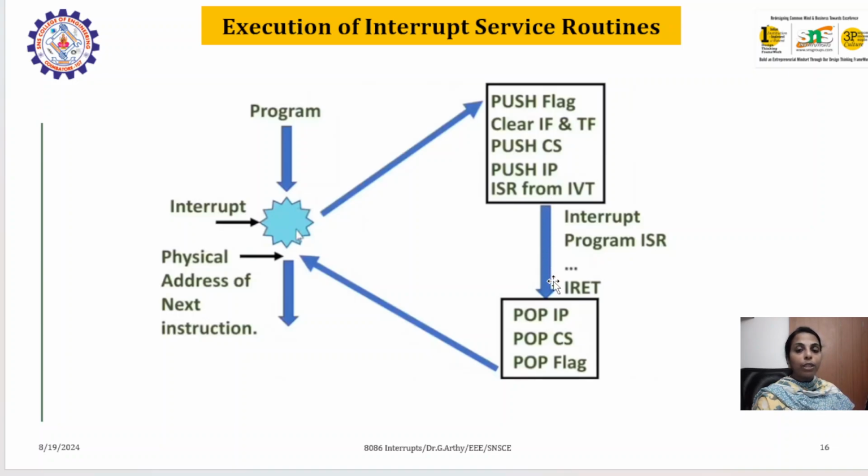After execution, once the IRET instruction has been executed, it comes out of the interrupt service routine. It will pick the next address to be executed from the stack by using the pop instruction, and then return back to its original position and continue with the main program. This is how an interrupt service routine is executed.